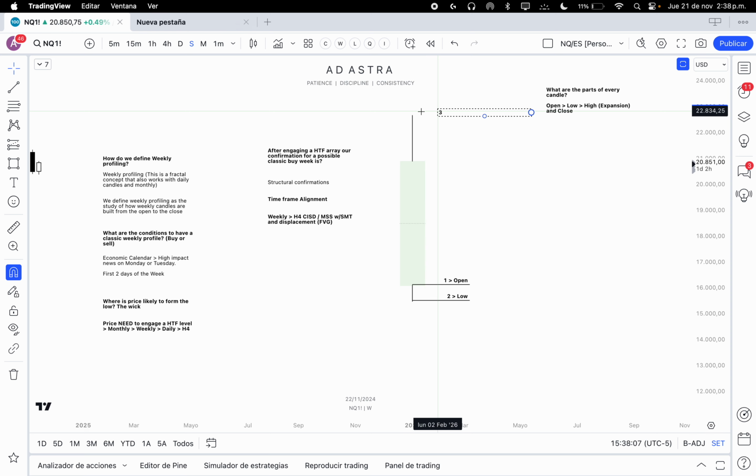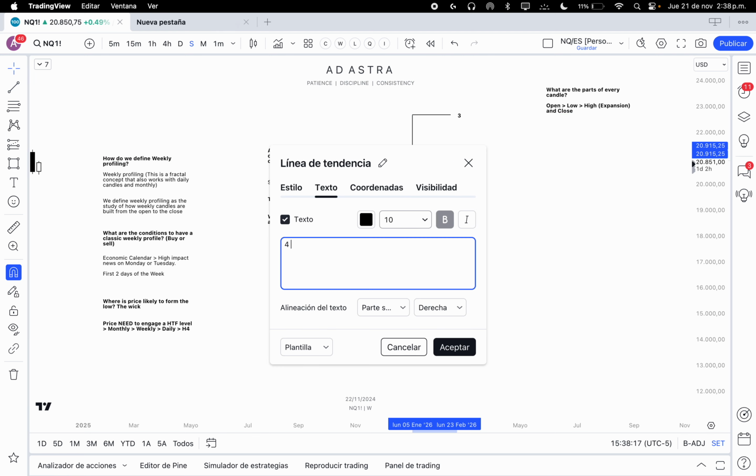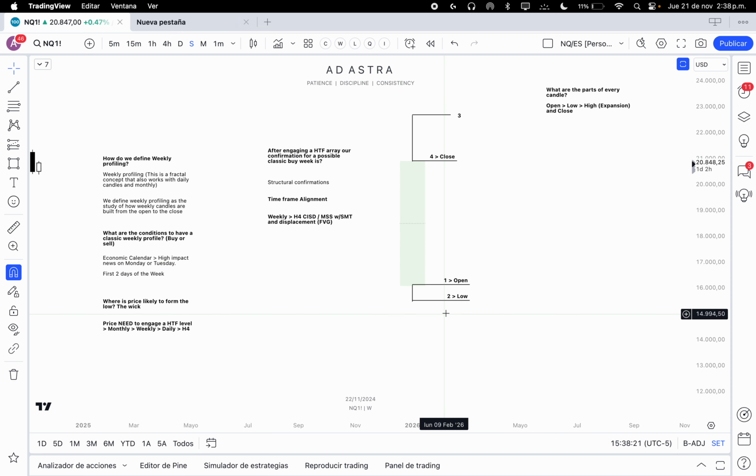Actually, we can mark out here the high, which is expansion, and the close. So we have open, low, high, and close. And this is how a classic buy week is going to look like. Perfect.